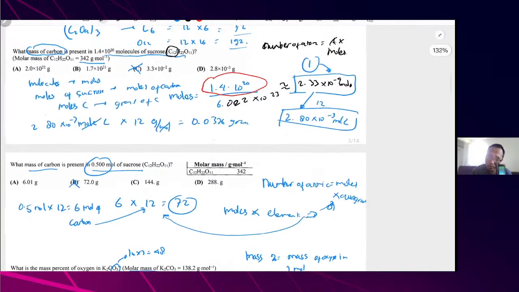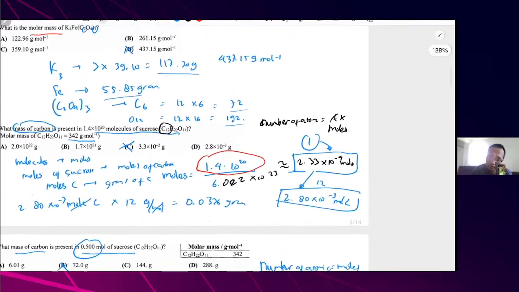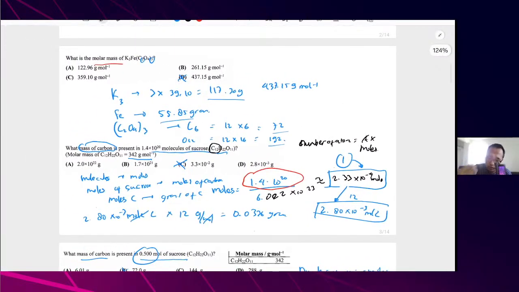Just remember, this equation is a bit confusing, but if we do it more and more, it will be more understandable.